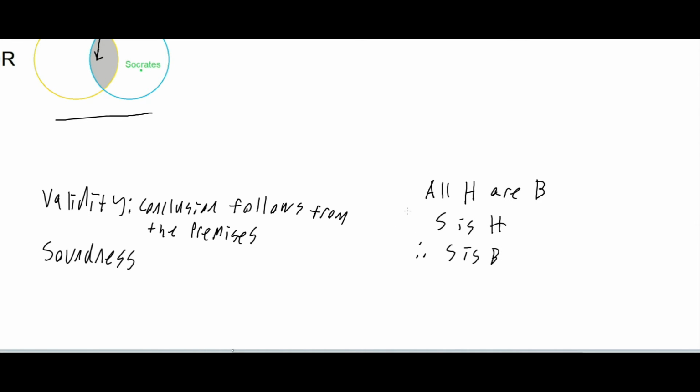So this is a valid syllogism, because if the premises are true, so we have premise 1 up here, and premise 2 right here, and then the conclusion. If these two premises are true, then the conclusion is true. So the conclusion follows from the premises.